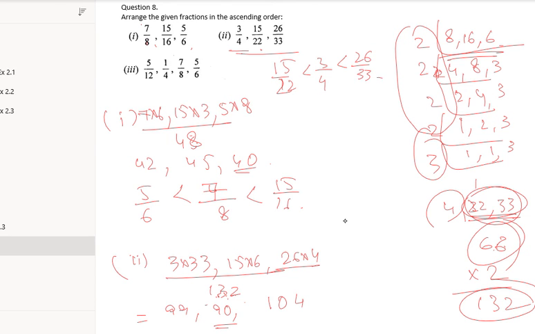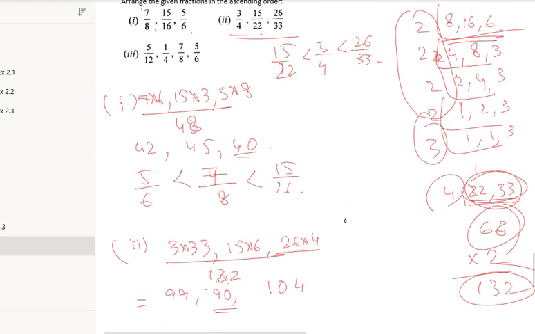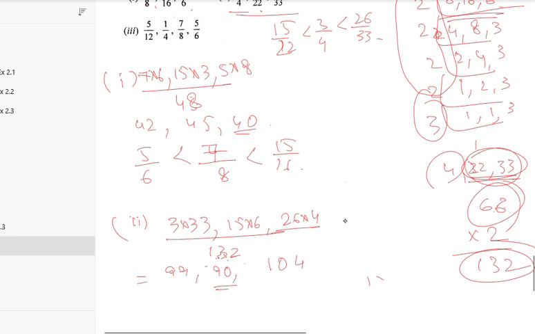Okay, the last subpart is 12, 4, 12, 4, 8 and 6 being the denominators. So the LCM of these will be 24.